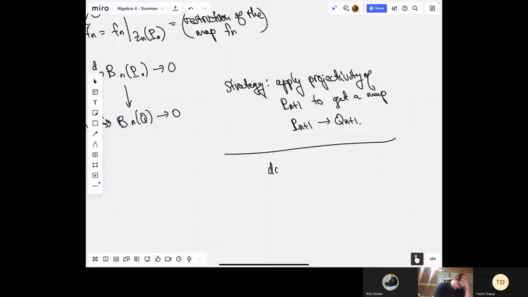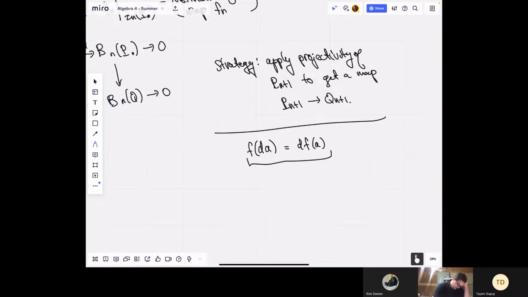If I apply F to D of A, this is DF of A. That's true, so boundaries do map to boundaries. Also Bn P bullet to Bn Q bullet.